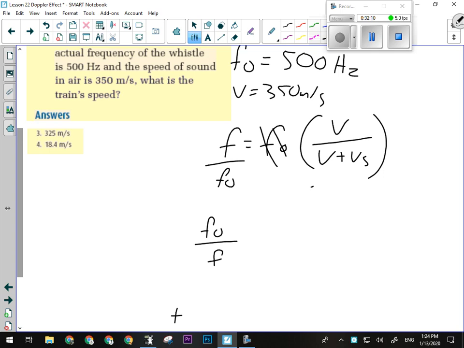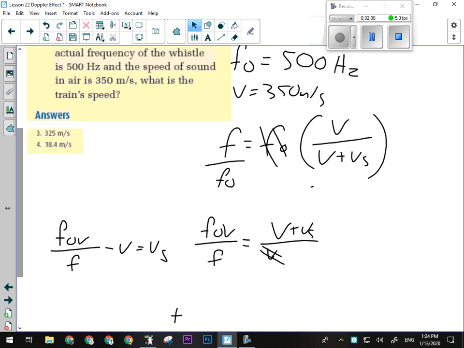So I'll have FO over F equals V plus Vs over V. Then I'm going to multiply both sides by V, and then subtract V. So what I'll be left with is FOV over F, minus V, equals Vs. That's my manipulation of solving for Vs.